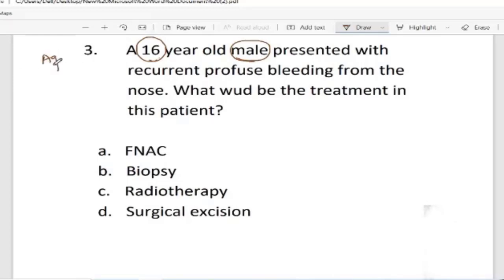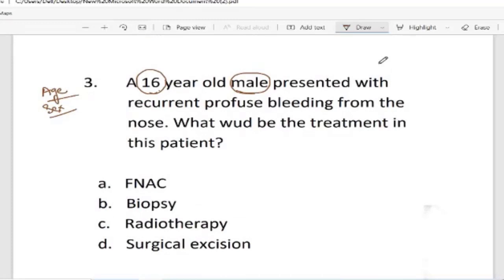Age and sex. In any question, look for the age, look for the sex. So the patient is 16 years old. That means the patient is in the age group of 10 to 17 years, a male child, presenting with nasal bleed.